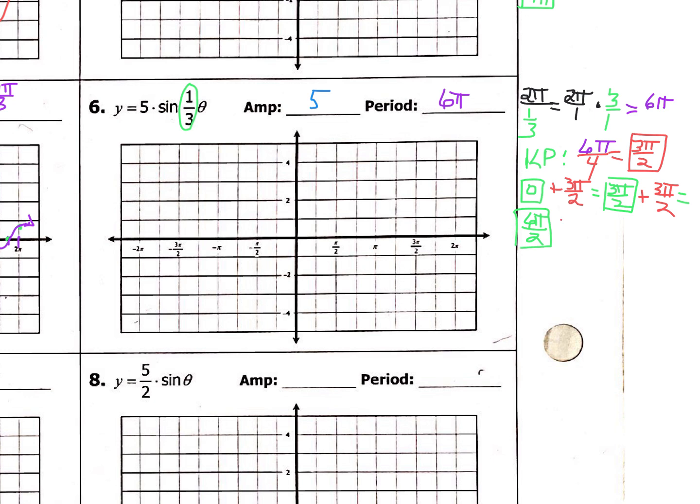And then we're going to add 3 pi over 2, which equals 9 pi over 2. And that gives us 4, and we will add one more 3 pi over 2.